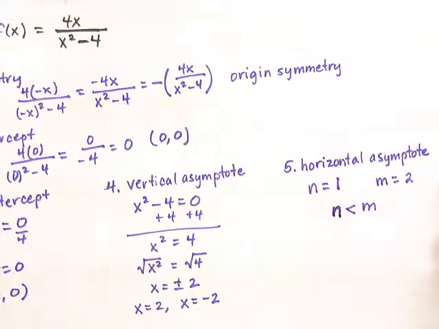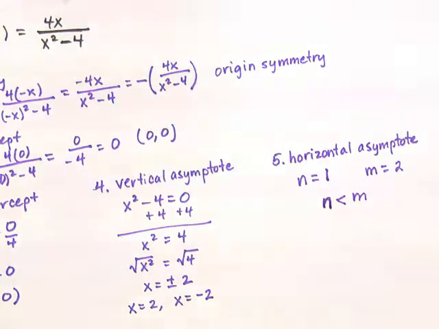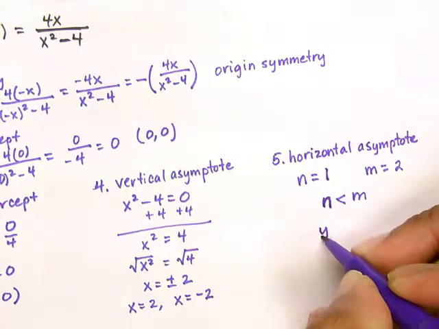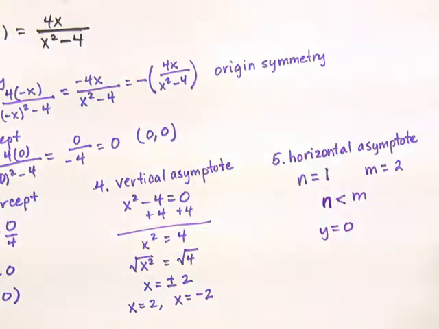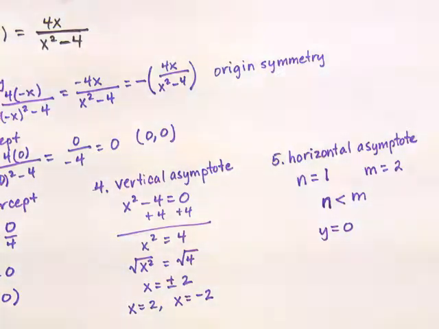And I did give you the cases where if your highest exponent in the numerator is less than the highest exponent in the denominator, that means that the equation y is equal to 0 is the horizontal asymptote. In this case, n is less than m. That means y is equal to 0, or the x-axis will be the horizontal asymptote.